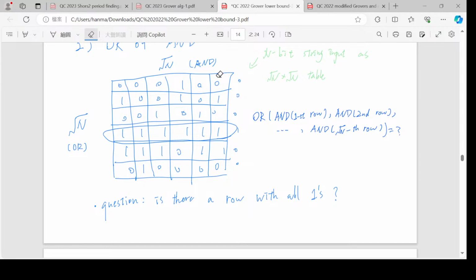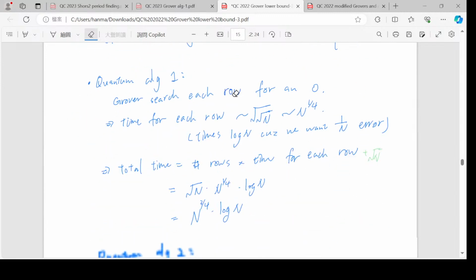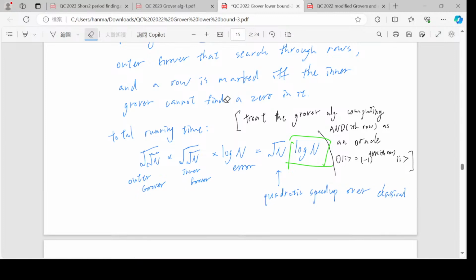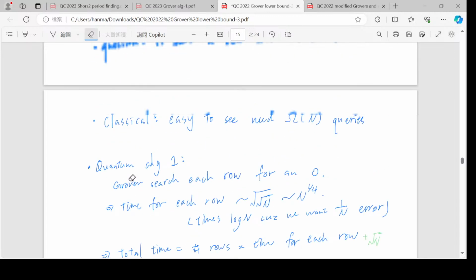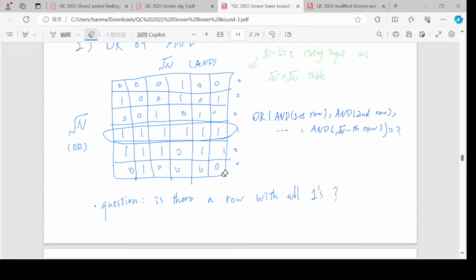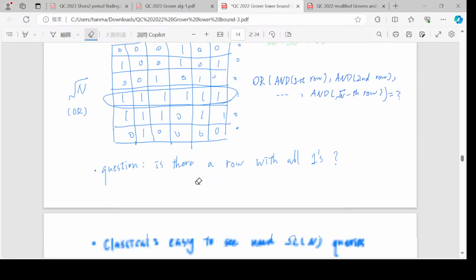Now this inner algorithm runs as an oracle, and then the outer algorithm, you are running Grover over this square root n number of items. You are once again doing a Grover algorithm over this square root n number of items.